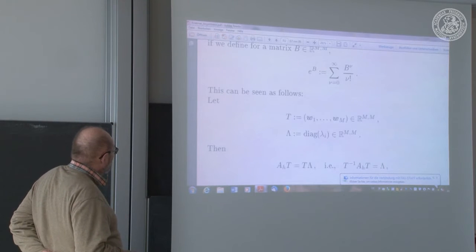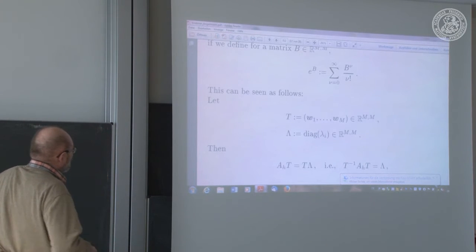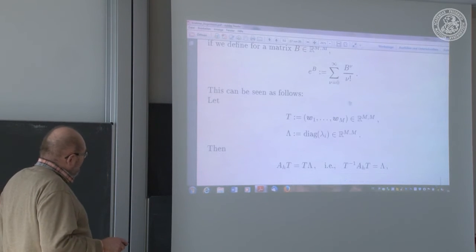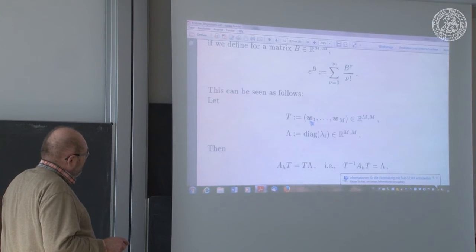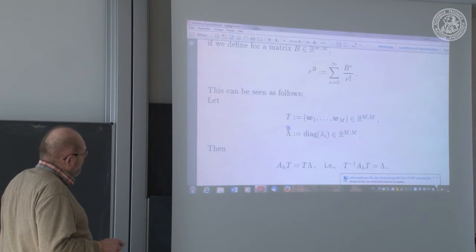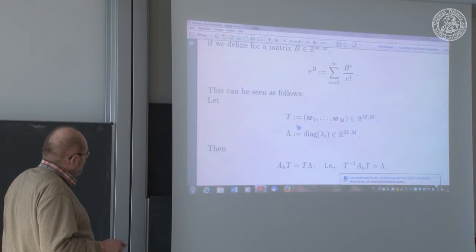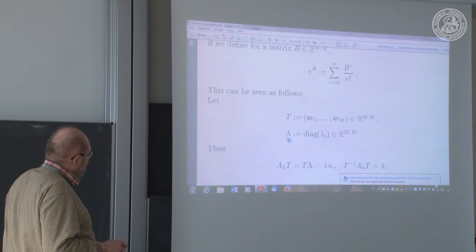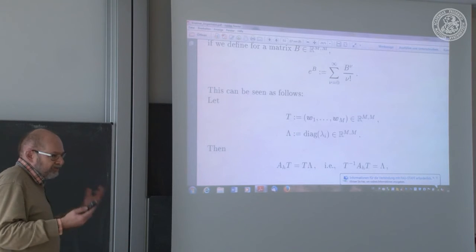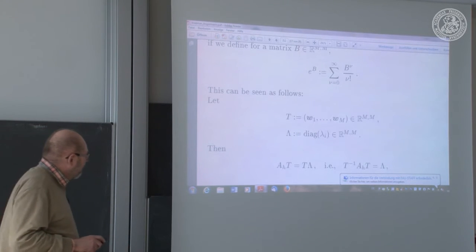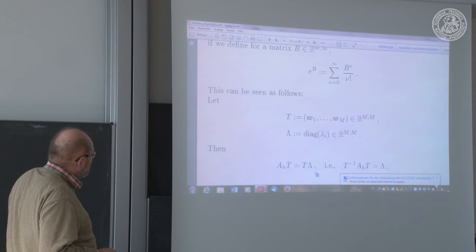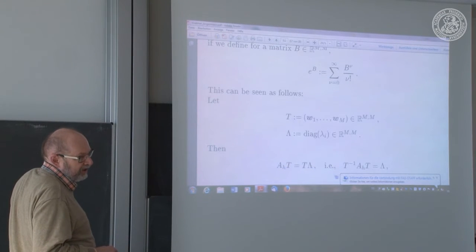Okay, let's do the computations to see why this is the case. We take our basis of eigenfunctions and plug the columns next to each other, so we get the matrix T. We take the eigenvalues and form the diagonal matrix Lambda. Then the eigenvector-eigenvalue relation just means A_h times T equals T times Lambda.